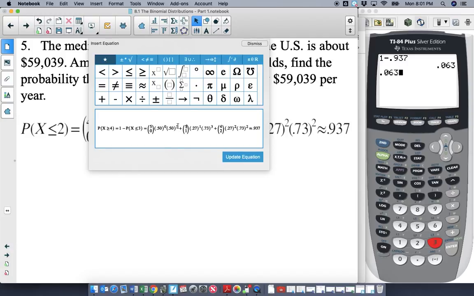plus 5 choose 1. Oh, this all should be 1 minus this, shouldn't it? 1 minus. Okay, there we go.